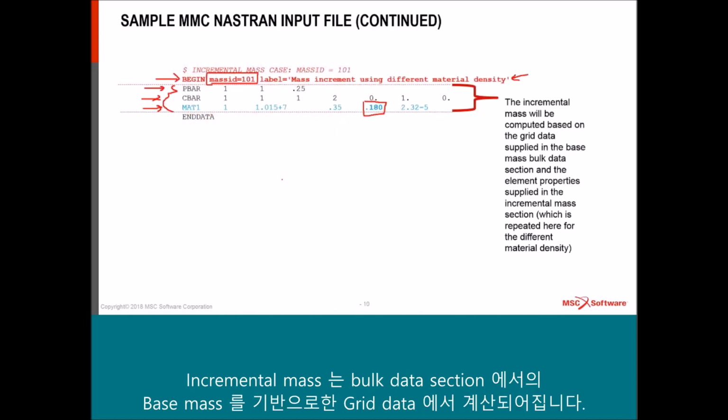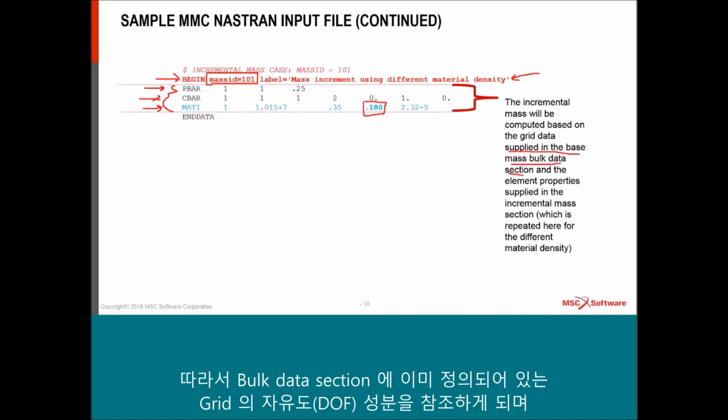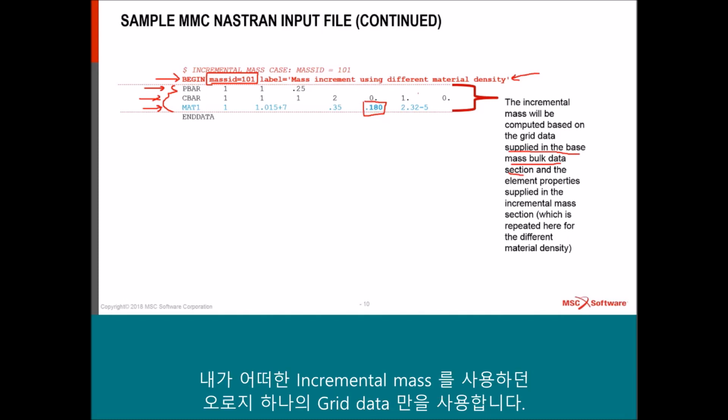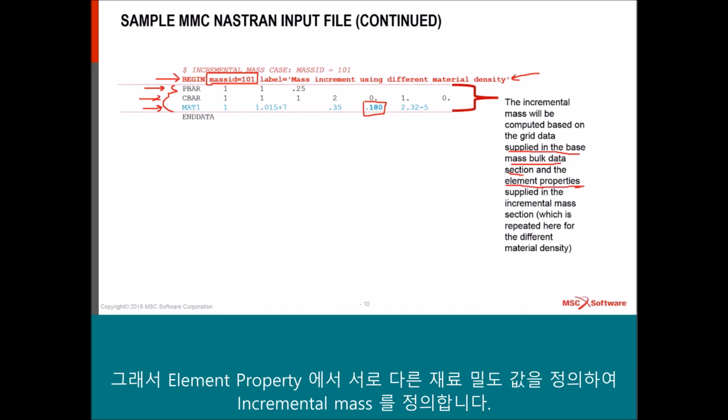The incremental mass will be computed based on the grid data that's supplied in the base mass bulk data section. So it's going to refer to the grids that have already been defined in the main bulk data section, and whatever I have here is what's actually used for my incremental mass. So the element properties are supplied in the incremental mass section, which is repeated here for the different material density.